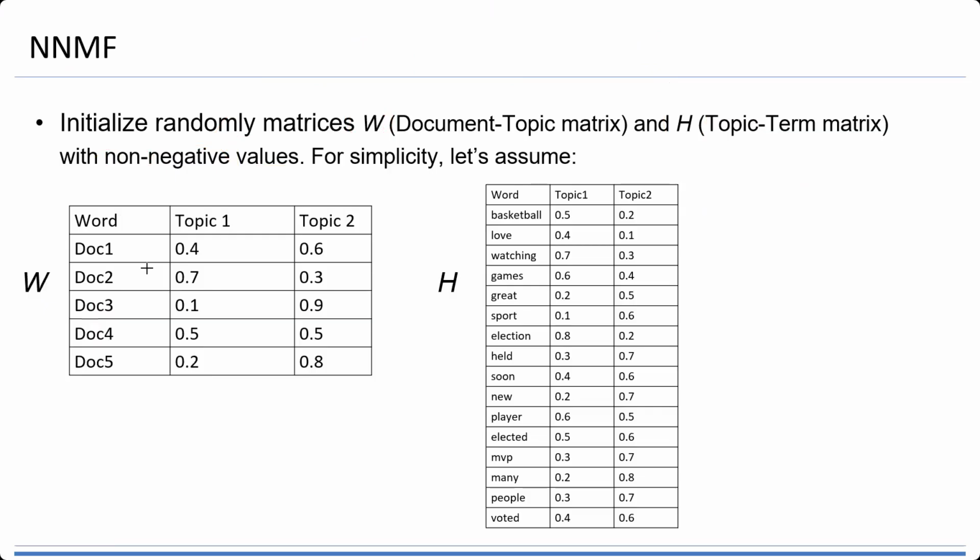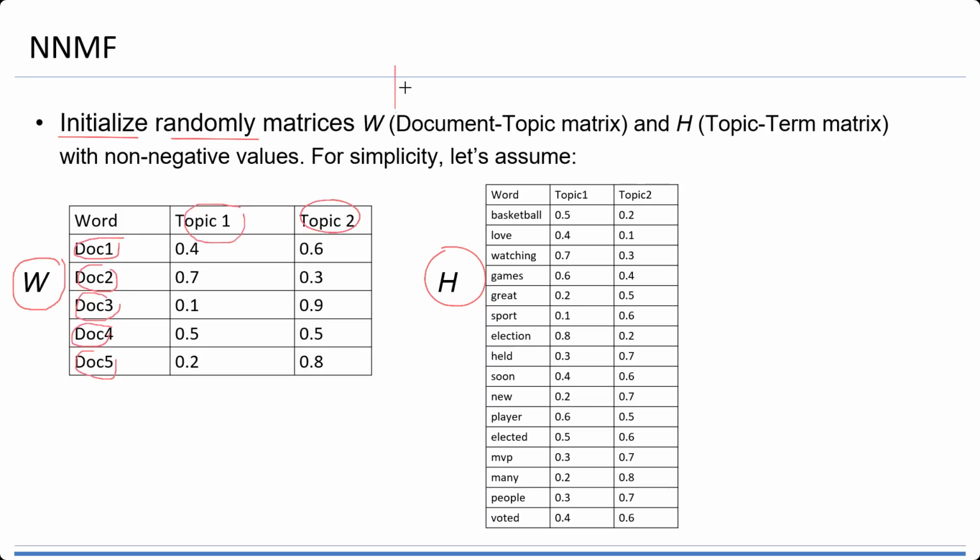Now, for simplicity, okay, we will have the W and we will have H. It is initialized randomly. So document 1, document 2, document 3, document 4, document 5, topic 1 and topic 2.